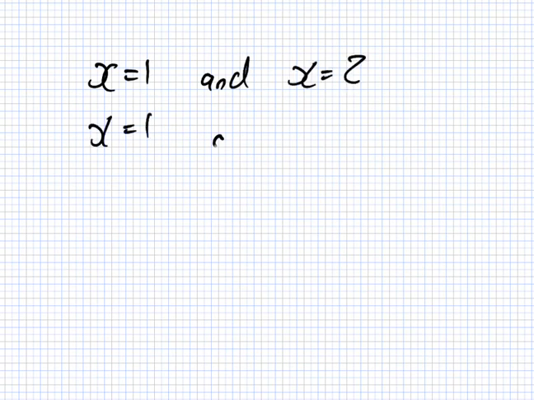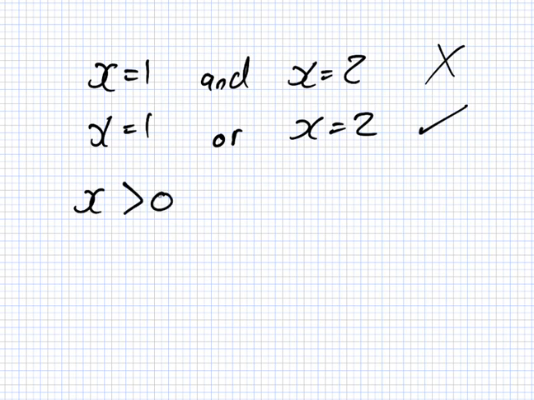What's the difference between these two? Anyone know? You can't, it's impossible. You can't have x equals 1 and x equals 2. You can't have x equals 1 or x equals 2, that's fine. And what about this?